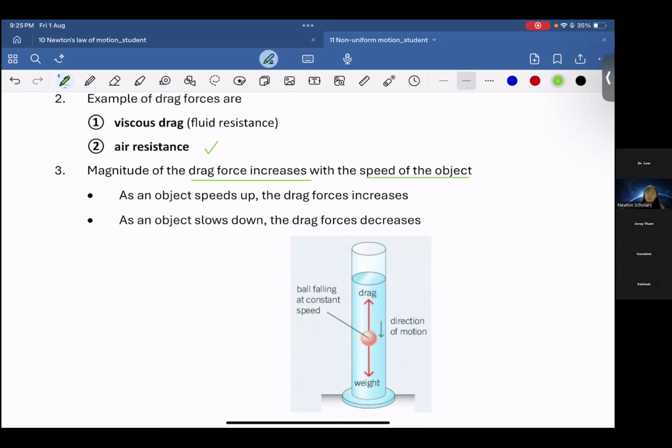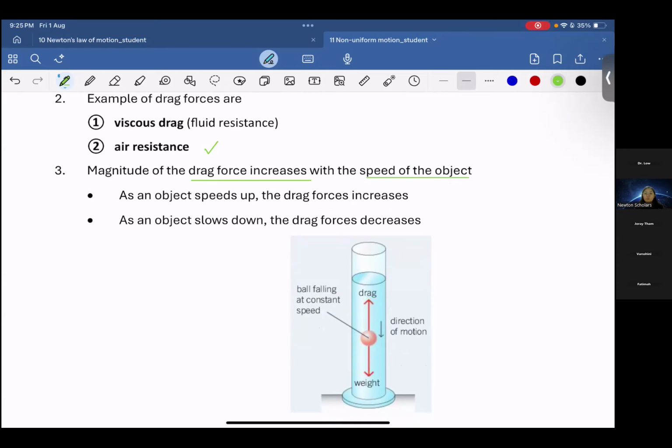But when you start to run, or you are sitting inside your car and move your hand out a little bit, but this is dangerous, it's just an example. You can experience the higher air resistance. When you are walking, you can't feel it. But when your speed increases, the drag force will increase. When you slow down, the drag force will decrease.